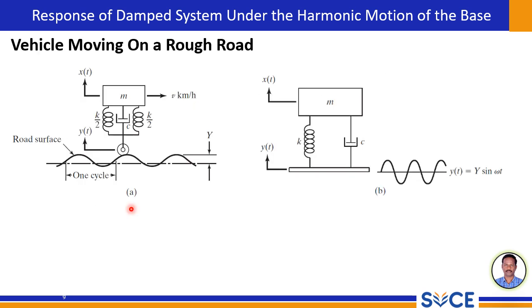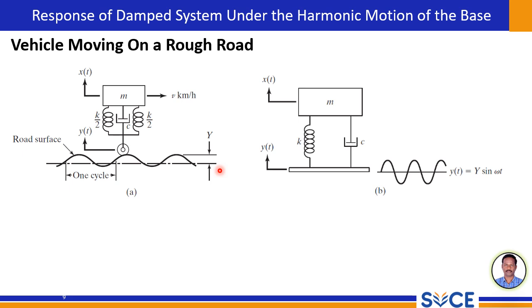Let's take a closer look at the diagrams which represent the problem we just discussed, that is, a vehicle moving on a rough road. These diagrams help us visualize the problem and understand the forces involved. Diagram A shows a more detailed representation of the vehicle and the road surface.